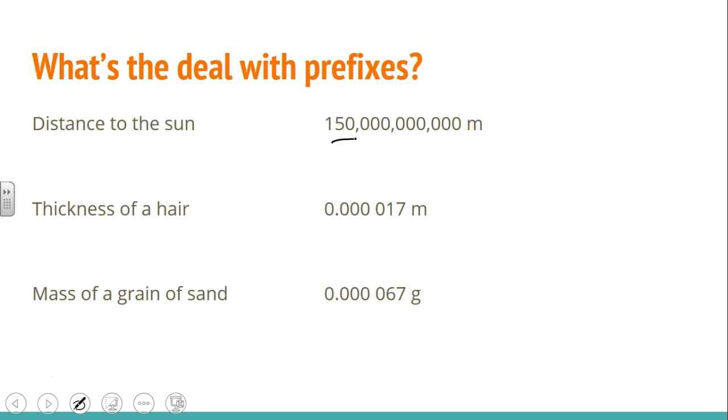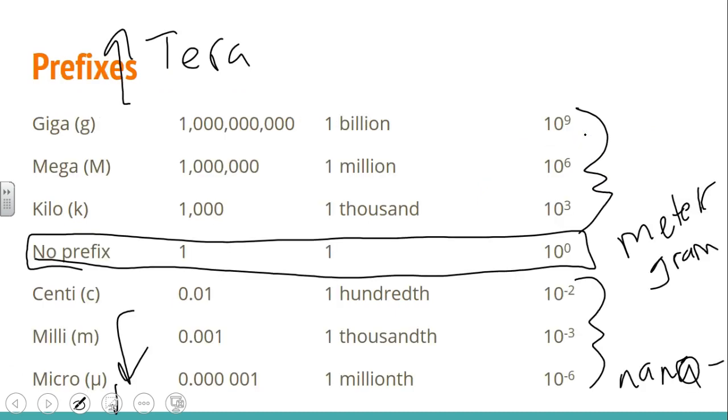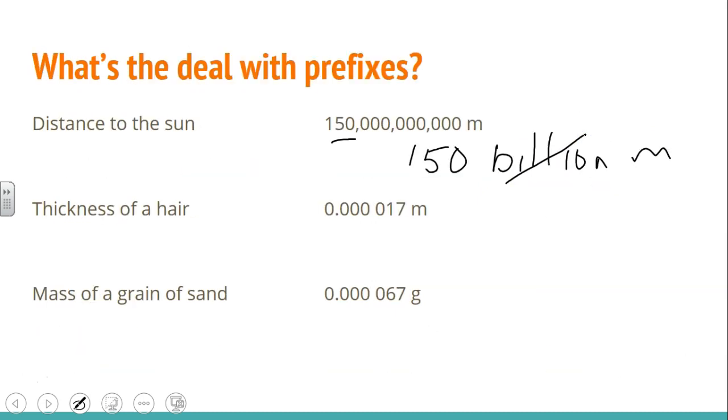We don't get it. But here's what our brain can do. I'm going to write this in English. This is 150 billion meters. Instead of saying 150 billion meters, we can go back. What prefix means a billion? Well, giga. So why don't we say 150 gigameters?